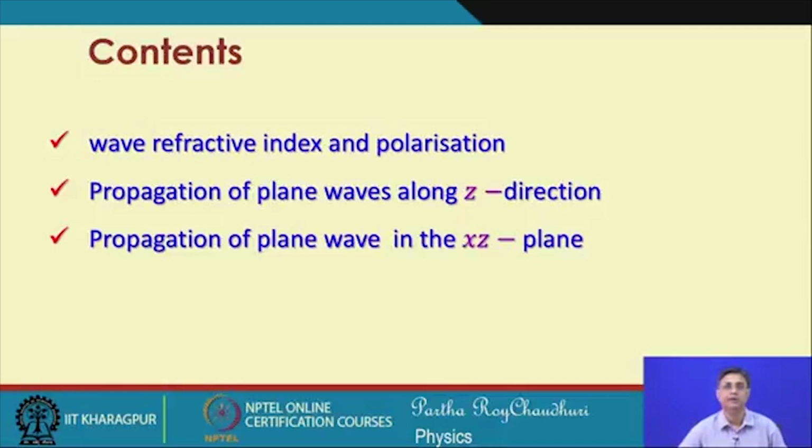So, we will make use of that characteristic equation to solve the direction of the D vectors as well as the wave refractive indices. The direction of the D vectors, which are the direction of the polarization, we will discuss in this connection.